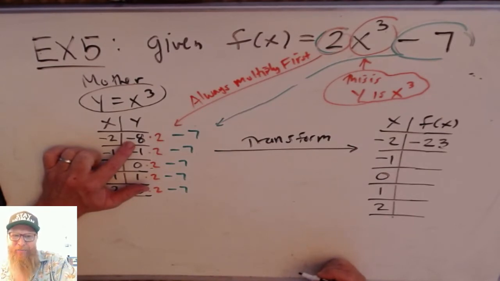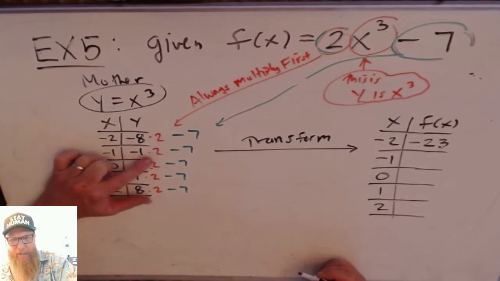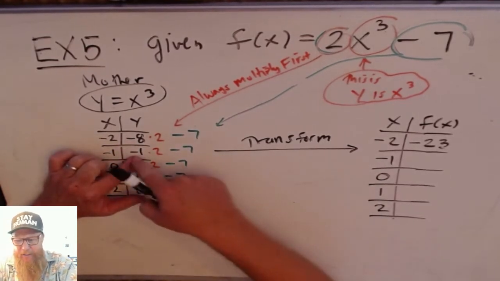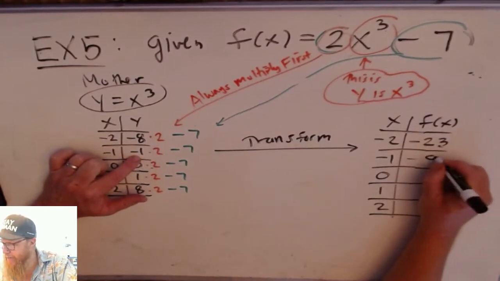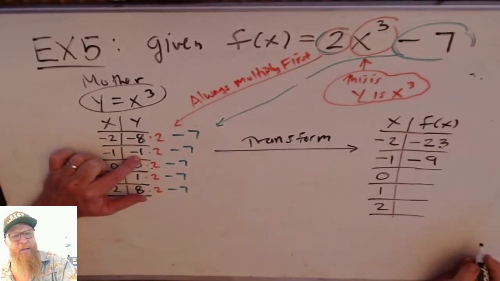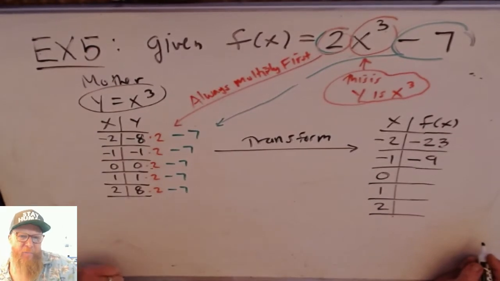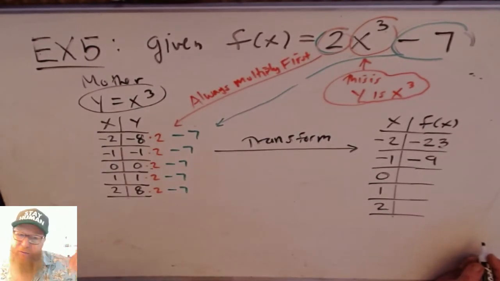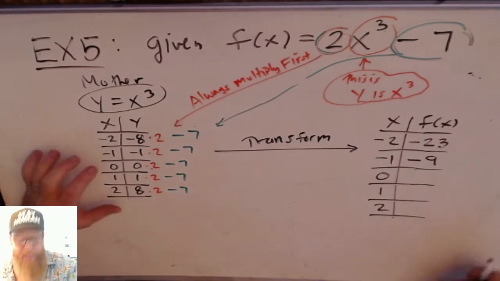That's going to be hard to fit on my graphing board. I probably won't graph it. -1 times 2 is -2, and then -7 is -9. Most common mistake here is you make a sign error. Pluses and minuses have been baffling college students since they were first invented.